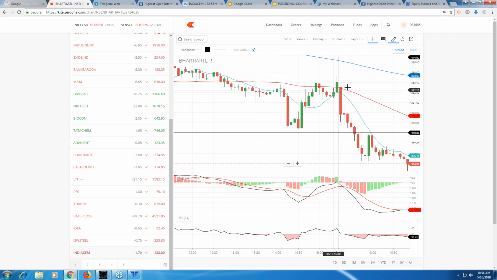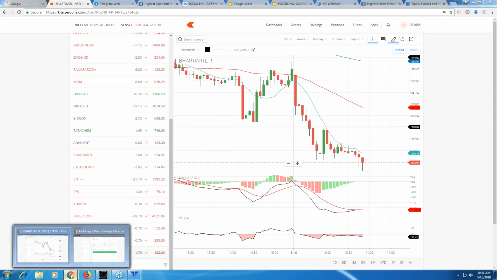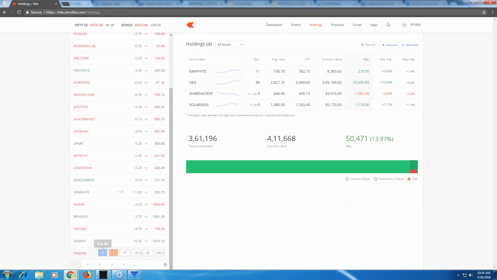The moment it opened today with the market being negative, it has fallen massively. So this is how you do STBT and BTST stocks. This is how you trade in them.